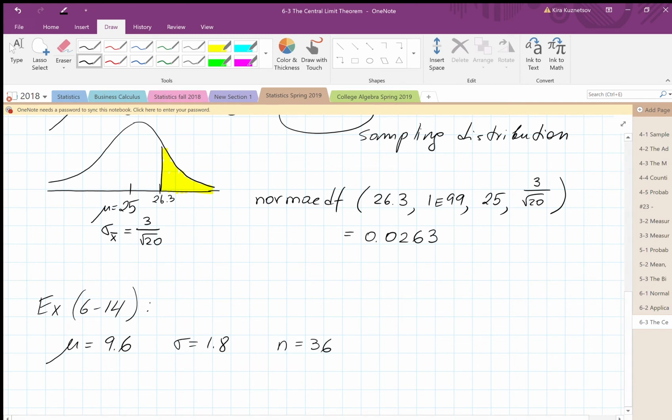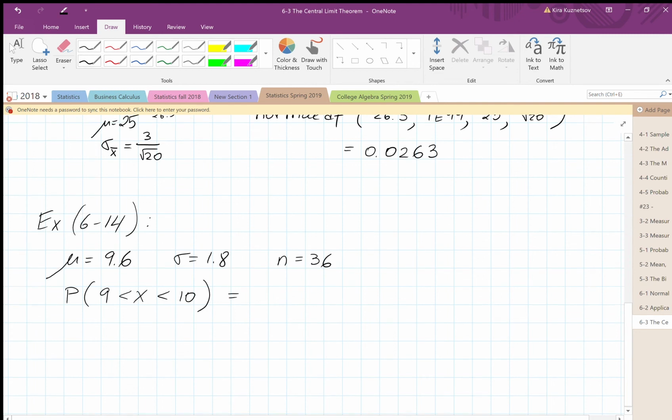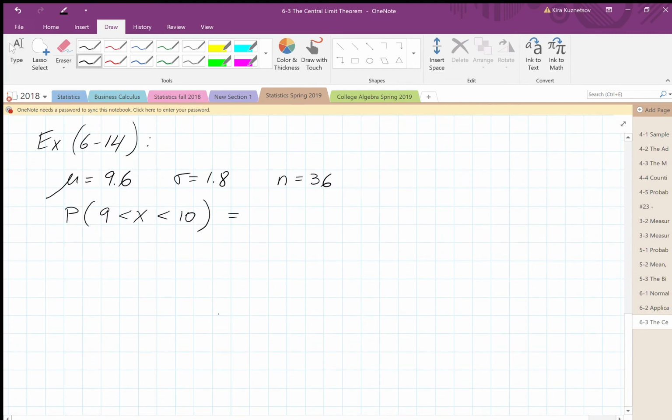As soon as they gave me a sample, you know it's a sampling distribution. Find the probability that the mean of the sample miles driven to work is between 9 and 10 miles. So this is how you would write this down: the probability that x is between 9 and 10. If this helps, draw a curve.